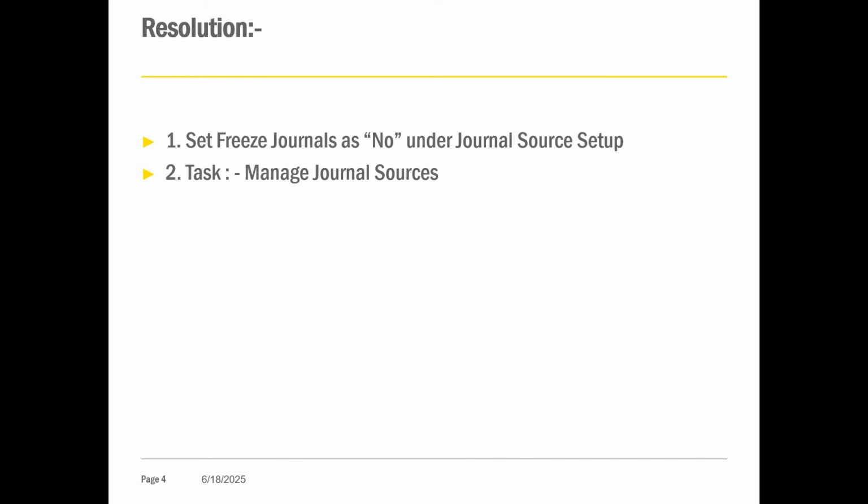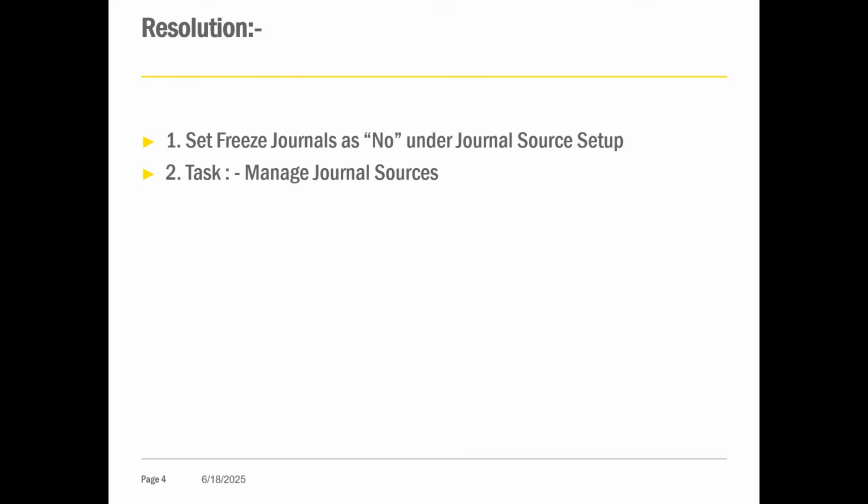As far as the resolution is concerned, we verified the free journals option for that particular journal source. It was set as yes. If the free journals option is set as yes, then the system will not allow those journals to be reversed.